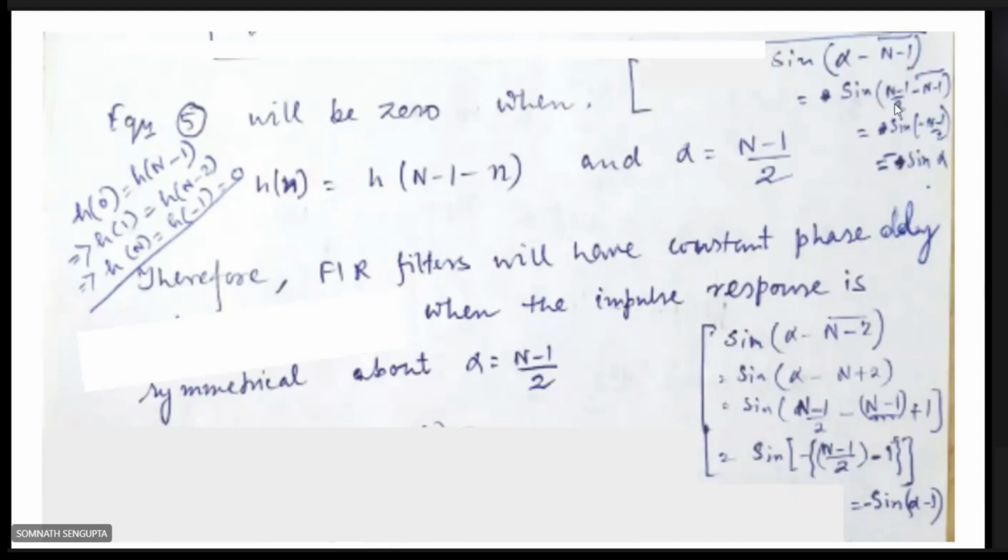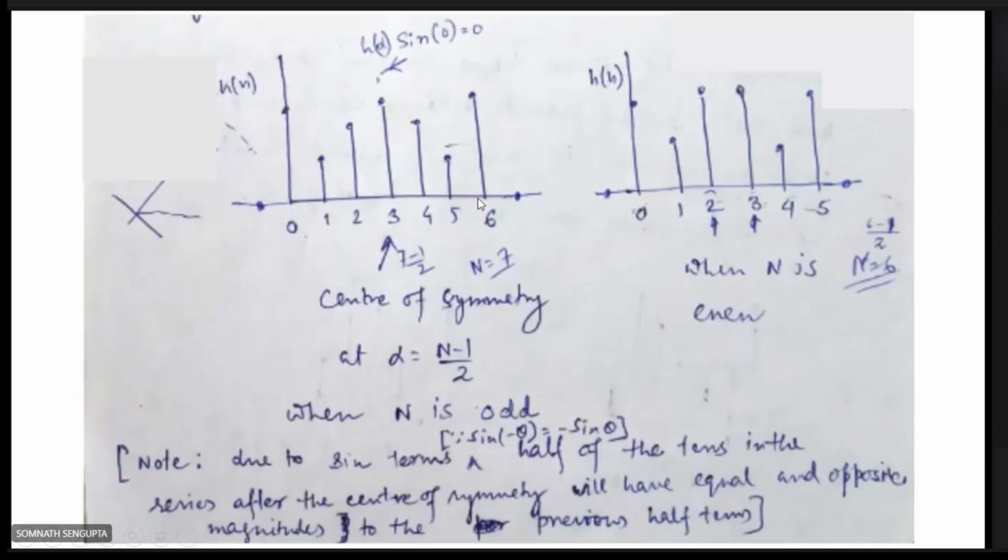Okay. So here you can see that I have written some notes at some corners: if you assume that this impulse response is symmetric with respect to some middle term, that is (N minus 1) by 2, like this, you can see the impulse response h[n].